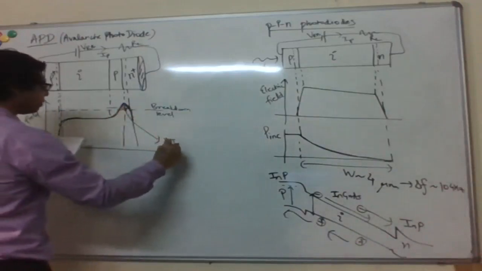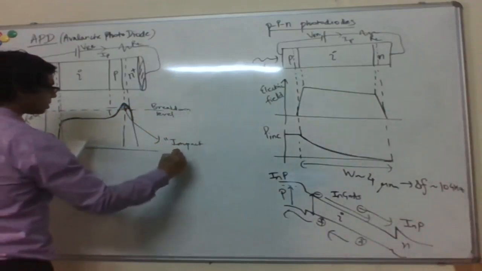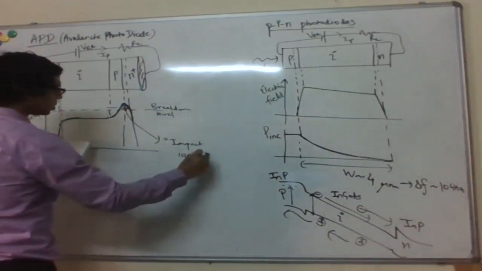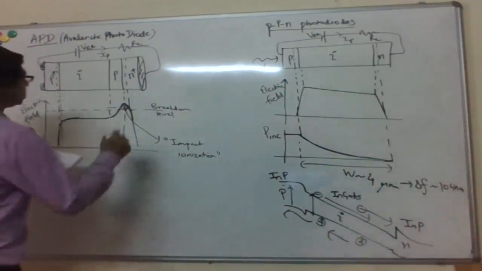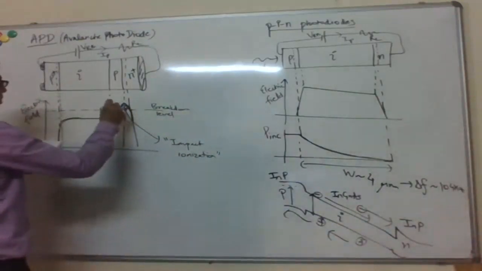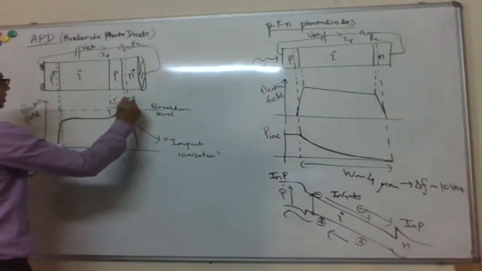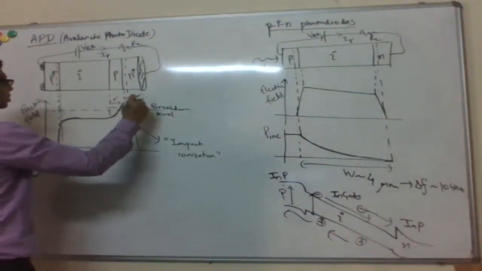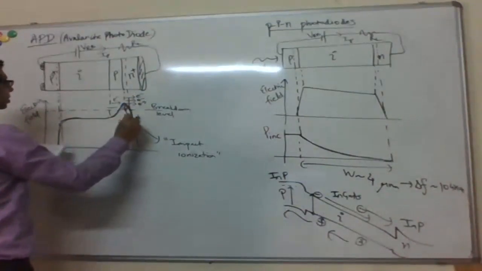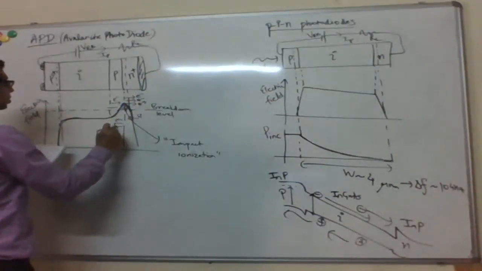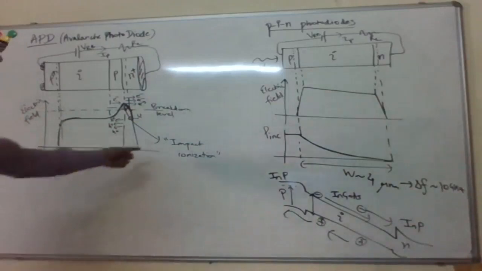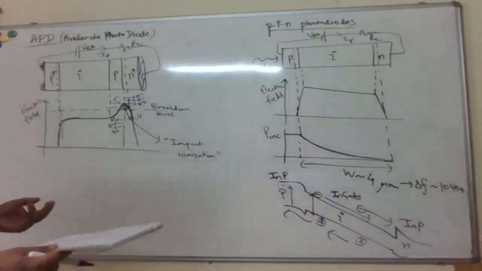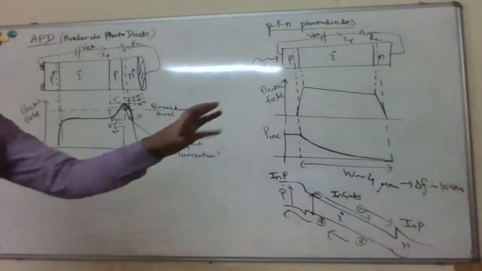basically what you start getting is impact ionization. Okay, so basically electrons and holes creating more electrons and holes through what is known as impact ionization. So basically, as the name suggests, the process is something like you have an electron flowing, right?